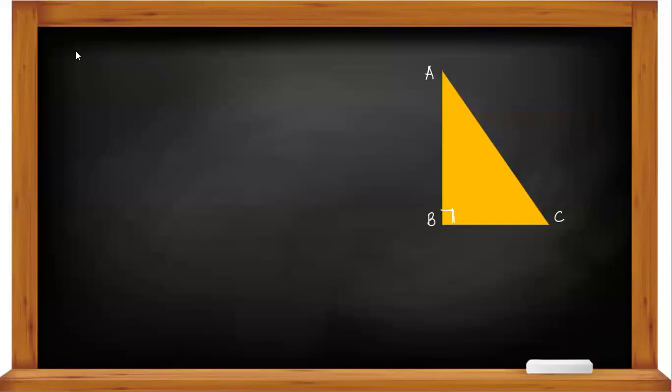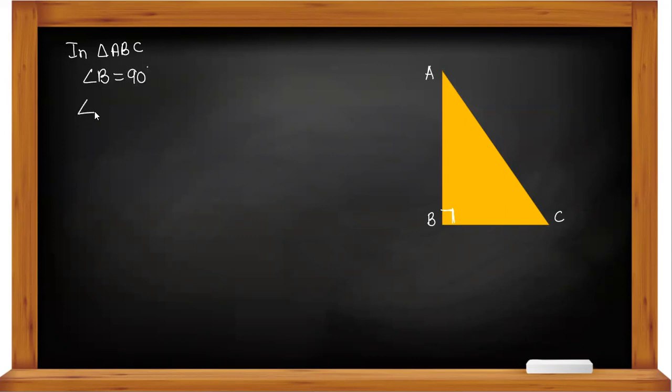Now, first of all, we have to learn about the trigonometric ratios. Now, suppose this is a right angle triangle ABC. So, in the right angle triangle ABC, you can see that angle B is 90 degrees, right?